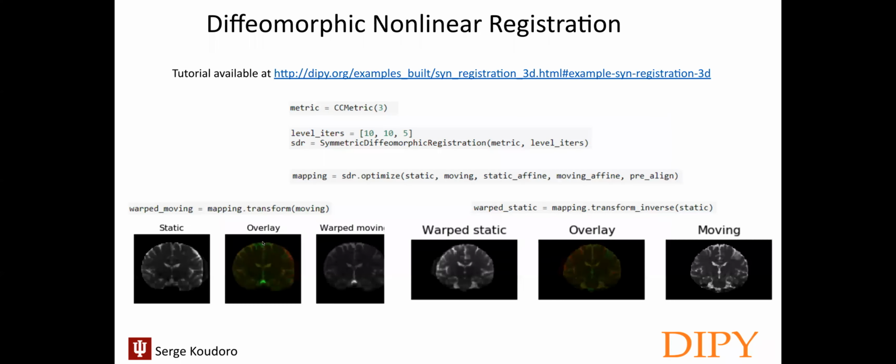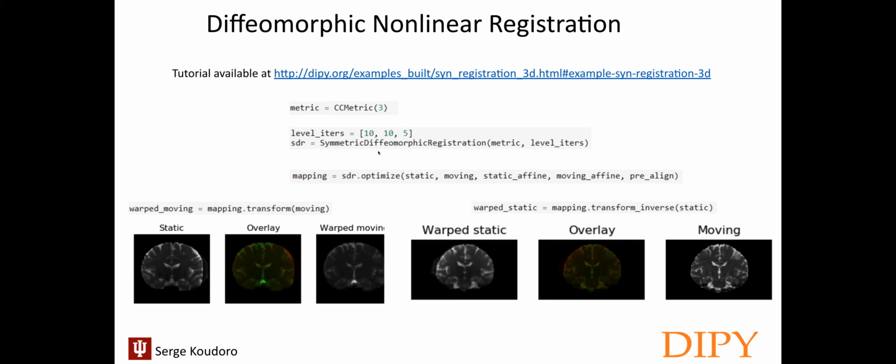It is also available via Python coding. We have a nice tutorial in DIPY, at dipy.org, SyN registration 3D. One of the most important steps that you need, which is not noted here, is to apply the affine registration. This is the essential first step that you need to do before applying a symmetric diffeomorphic registration.